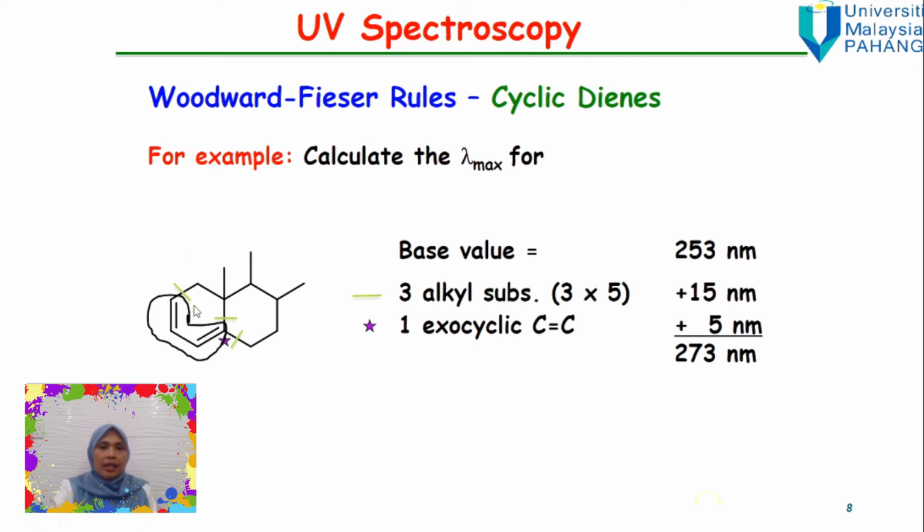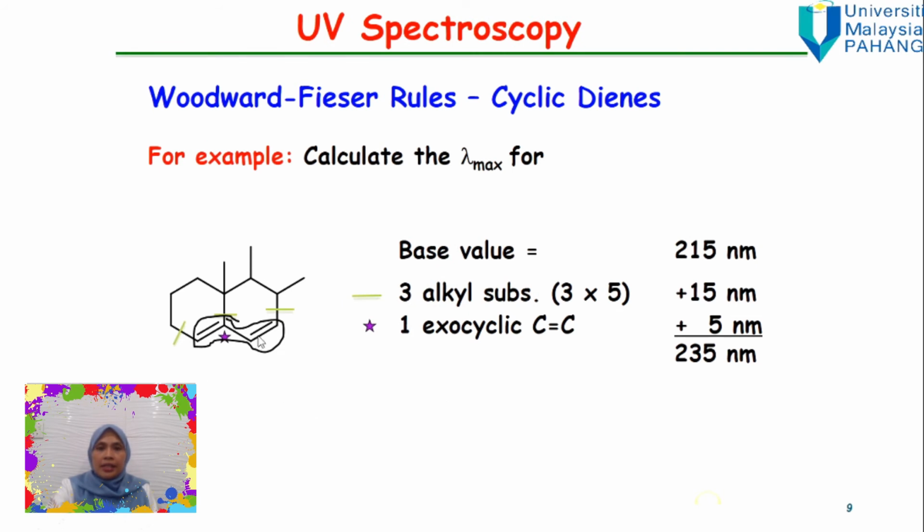And see whether they have an exocyclic or not. Close your hand over this ring and see outside, is a double bond present? No. So there is no exocyclic for this ring. Close this ring with your hand, see outside whether they have a double bond or not. Yes, this is one double bond, so it's considered as one exocyclic. 273.